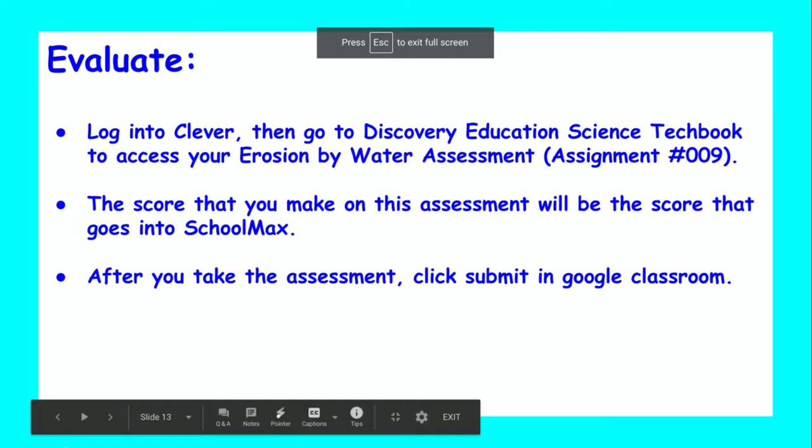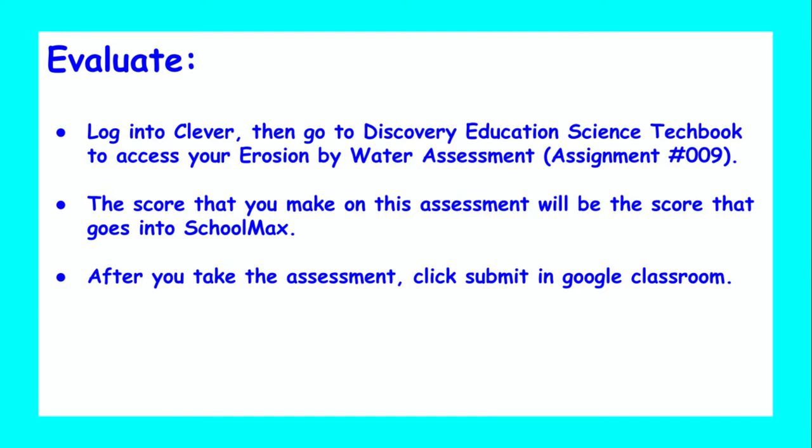For the Evaluate portion of our lesson, you'll log into Clever, then go to Discovery Education Science Textbook to access your Erosion by Water assessment. This is assignment number 009 in Discovery Education Textbook, and it's also listed as assignment number 009 in Google Classroom.